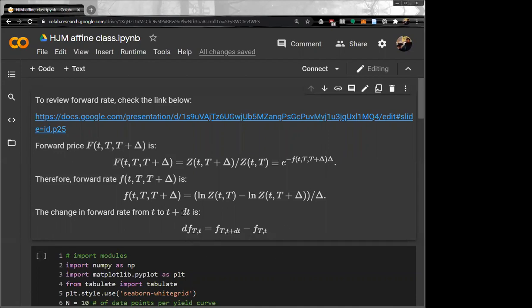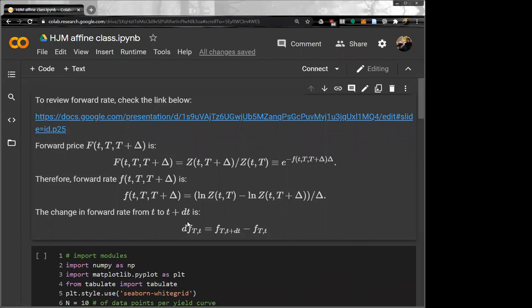And then of course this forward rate changes over time. Because today's forward price would be different from tomorrow's forward price. Therefore, the forward rate we determine today would be different from tomorrow.